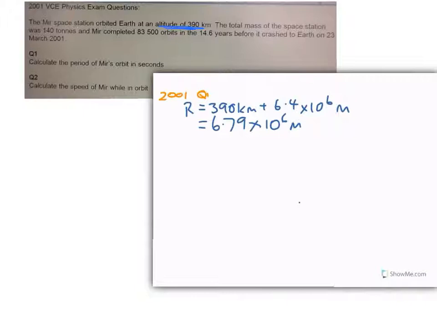Okay, that's how you interpret that bit of information there.